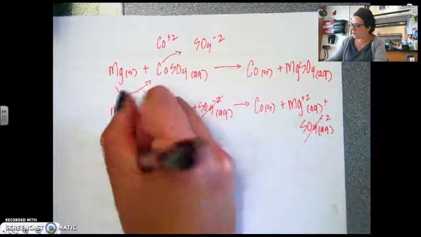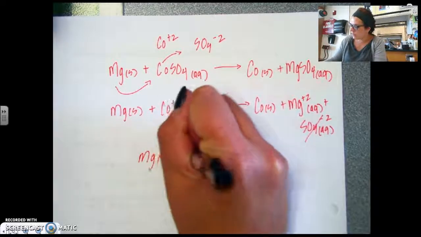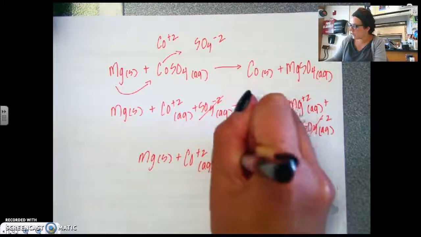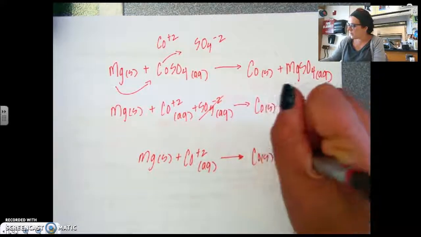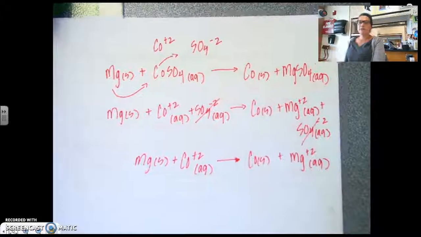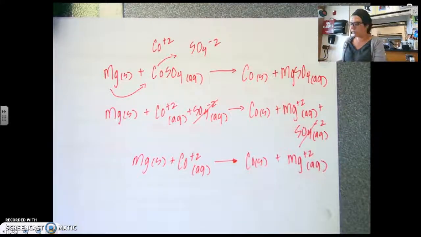So the net ionic equation is going to be magnesium solid plus cobalt aqueous, and I am making cobalt solid and magnesium ion. Now this one's pretty easy to identify who's being oxidized and who's being reduced. So we're going to look on either side of the chemical reaction.